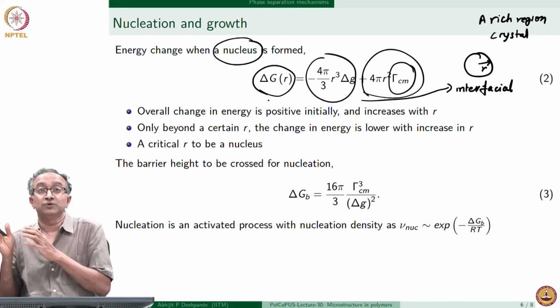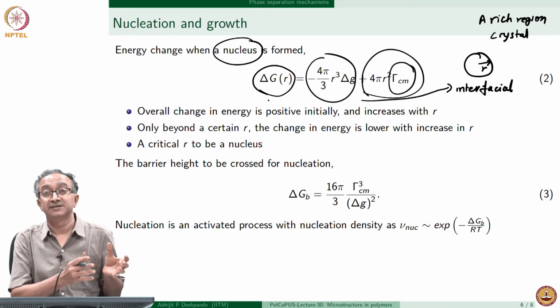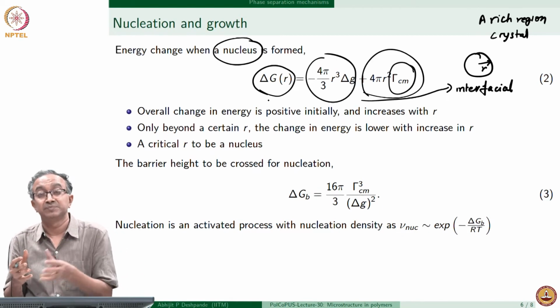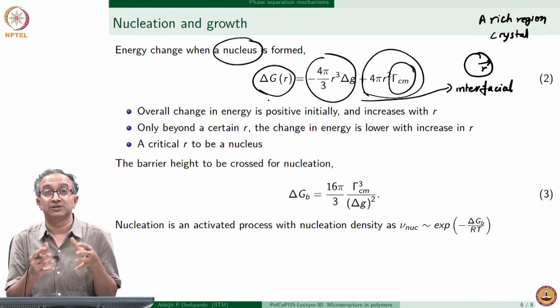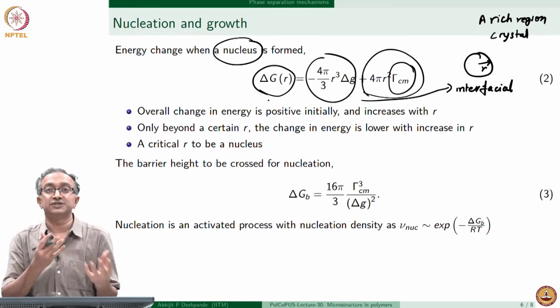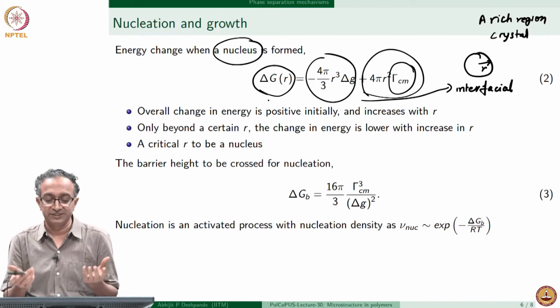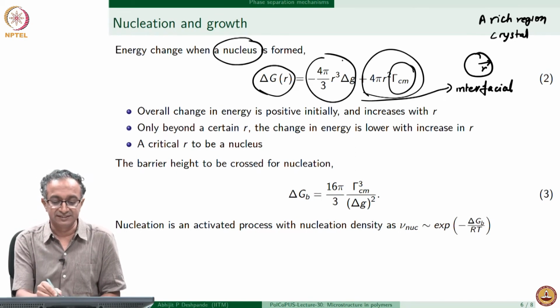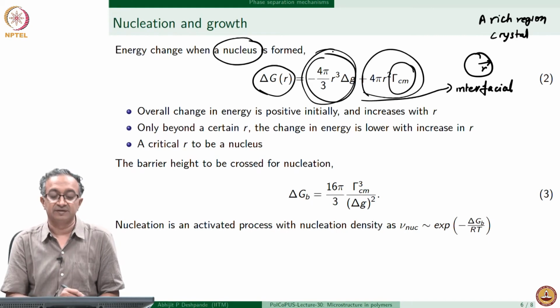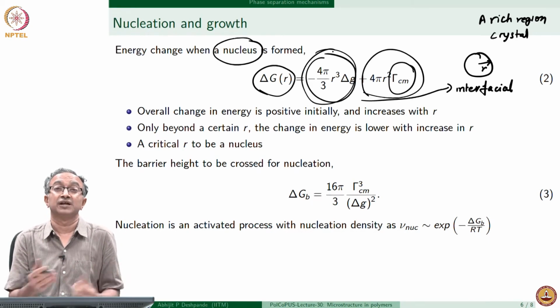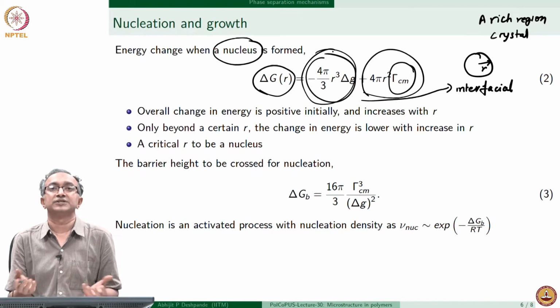So the overall Gibbs free energy is the sum of these. There is a driving force to form the crystal, but there is an interfacial energy term which makes sure that the crystal will melt again. And so this dynamic process keeps on happening everywhere. If we are above the melt temperature, then this term itself is not conducive. There is no thermodynamic driving force, and therefore no crystal is formed.